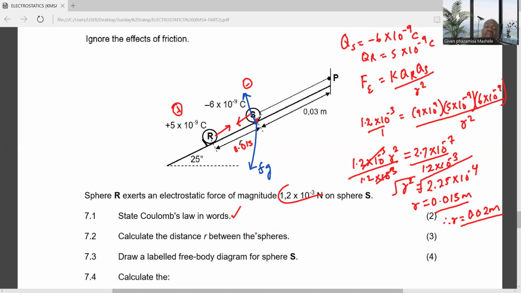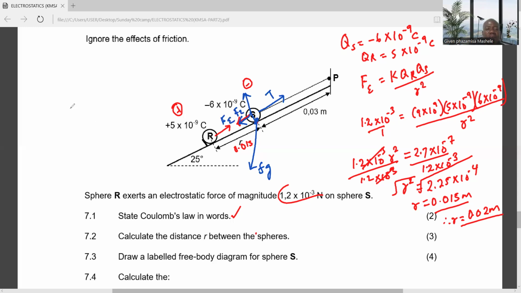They said the system is smooth, it means there's no friction, so we're going to have also the tension. And beside that, we're going to have an electrostatic force between the two. The Fe is also part of it.